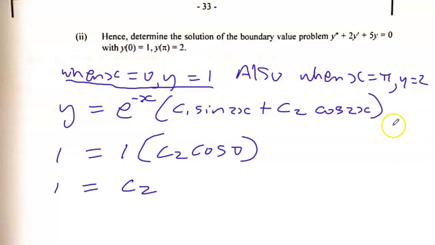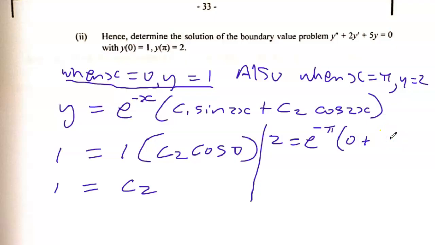Now when x is pi, y is 2, so replace y with 2, x is pi, so we'd have e to the minus pi. Sine 2 pi is 0, so we have 0 plus c2 cos 2 pi, and cos 2 pi is 1, so that would be c2.